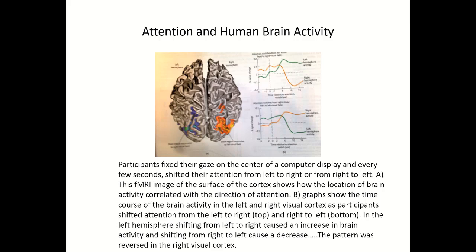Now, attention and human brain activity, fMRI recording in the human brain. In this case, the human subject was given the task to shift the attention from the right visual field to the left visual field.